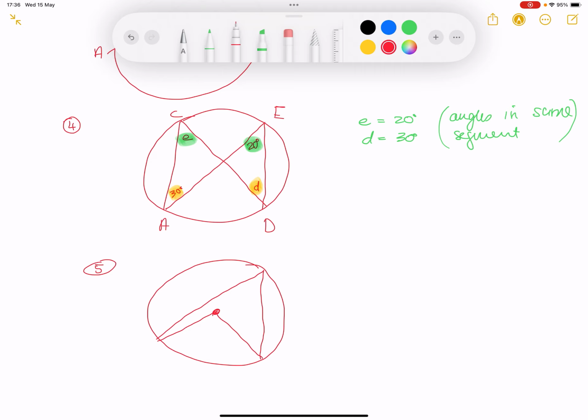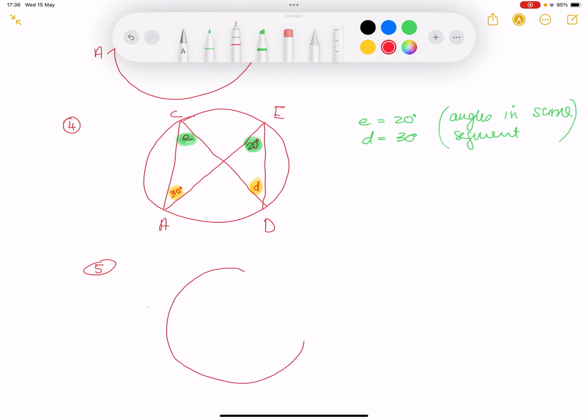Now let me rub it out. Let me do it nicely. We have this circle. Can you see that it looks very similar? Yes, ma'am. But the difference is now that there's only 3 on the circumference of the circle.